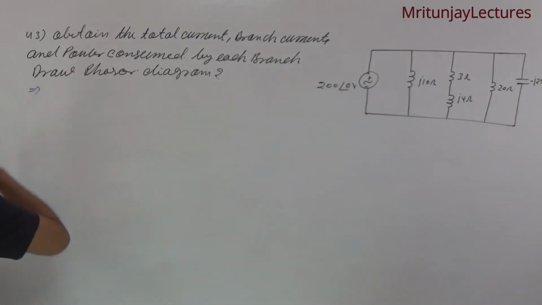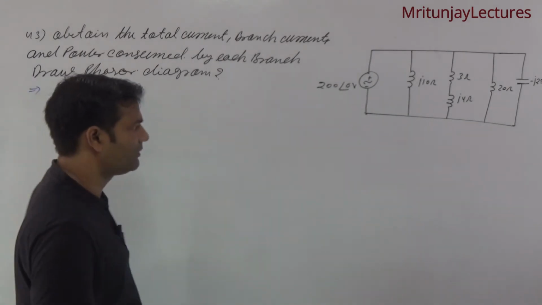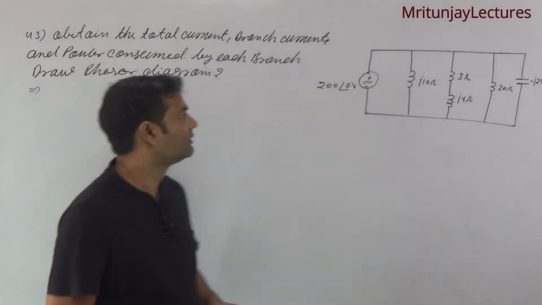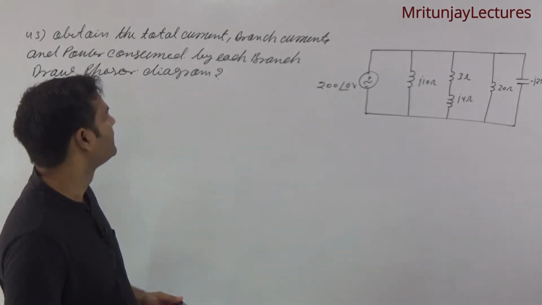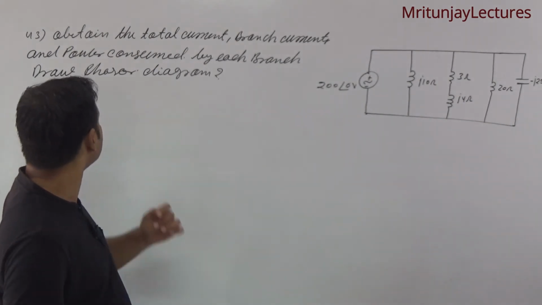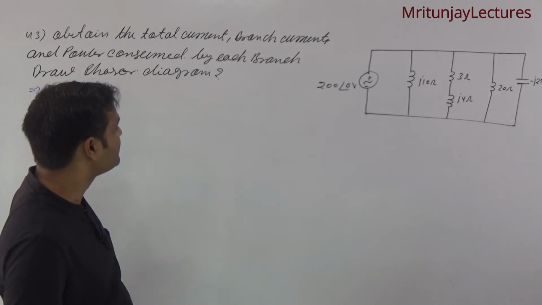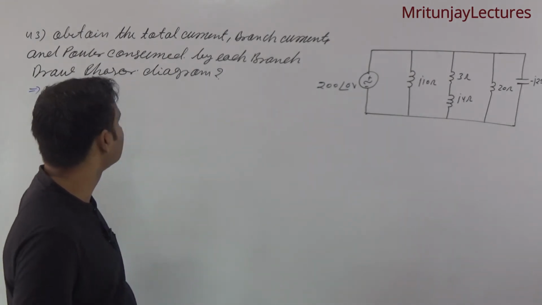Now our motto is to obtain the total current. First of all, our motto is to determine total current, means supply and branch current also, and then power consumed by each branch, and draw the phasor diagram.